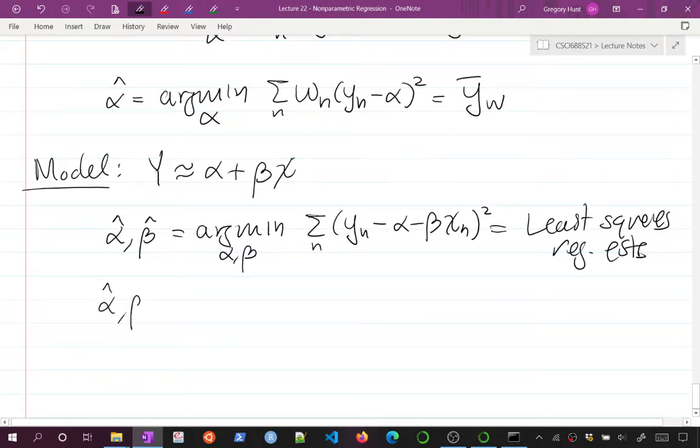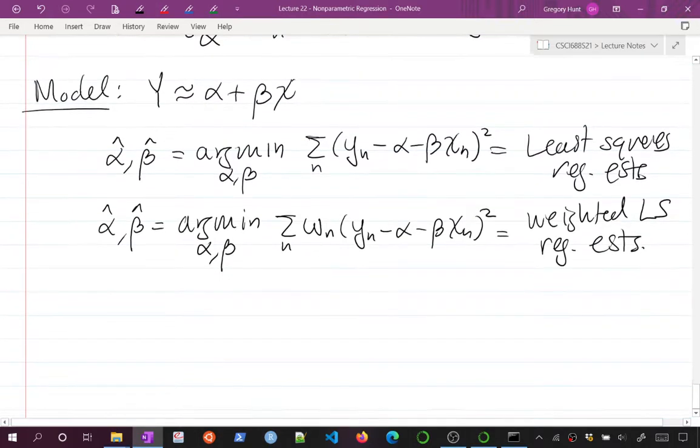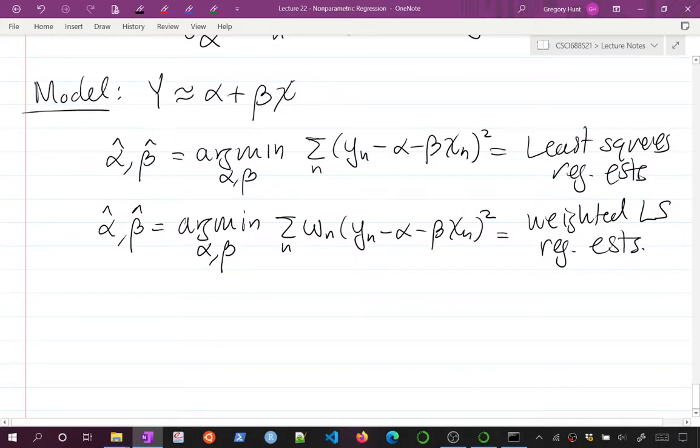But I could also weight this thing in the same way. Something like that. And I'm going to get what's called weighted least squares regression estimates. And so you could weight these things. And my weights here can depend on x, or my xn's generally. So that's allowable typically. And typically they're not going to depend on the y's.